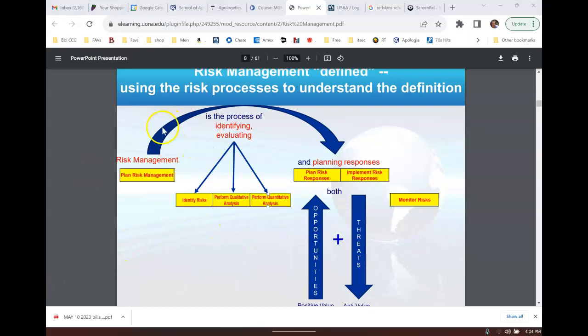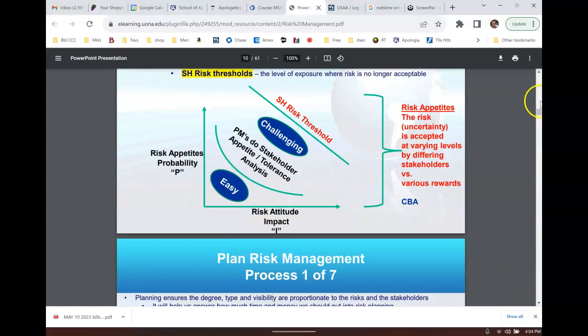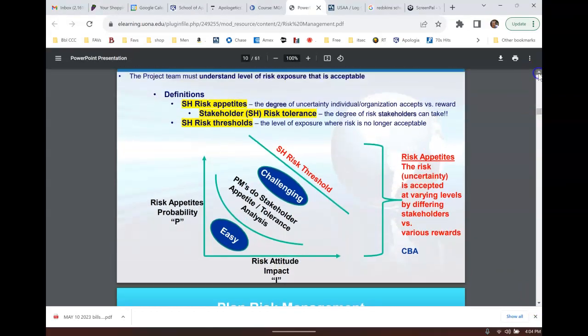So you can see the very definition of risk management, which are these words up top, built into this concept of the processes in risk in PMBOK version 6. The same concepts apply in PMBOK 7. And notice that when I plan risk responses and implement them, I'm looking for both opportunities and threats along the way.